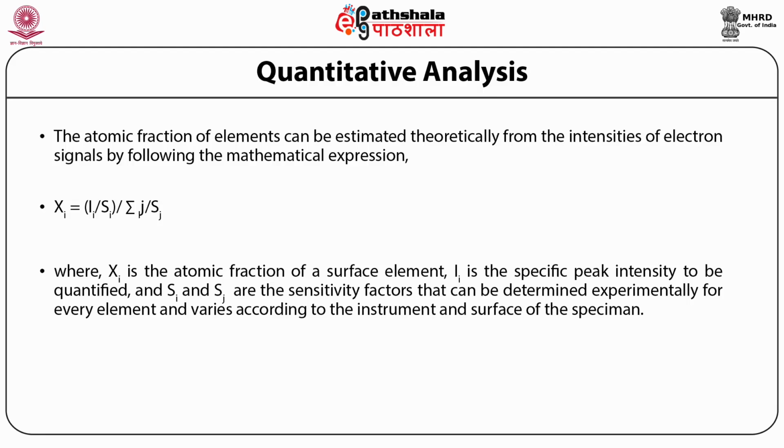The presence of chemical contamination on the surface of the sample affects the accuracy of using equation 1. For an AES spectrum, the matrix composition affects the efficiency of the Auger emissions because the backscattered electrons in the matrix also excite the Auger electron emission.